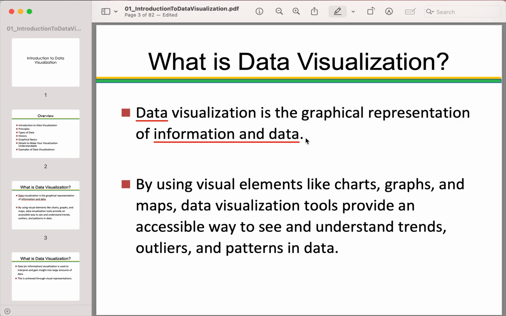So, the raw numbers, texts, and strings, and even pictures and sounds that are stored in the data can be represented in a graphical way. Or we can represent the data by visualizing it. That is, we can use charts, graphs, or maps in order to present the data in a more pleasing and more intuitive way to a human being.